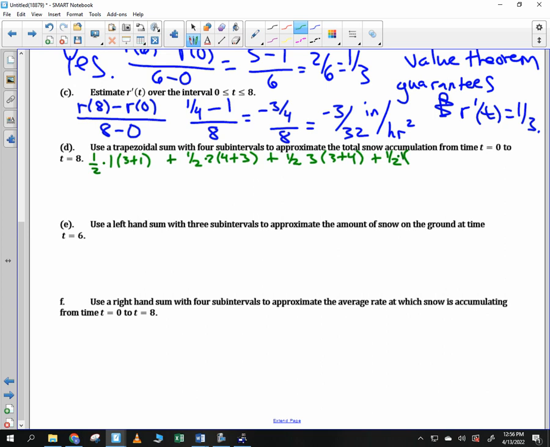Yeah. So why are we times it by 1/2? Because that's the formula for area of a trapezoid. Oh, wait, it was 2. I got it. It was 2, thank you, times 3 plus 1/4. Okay, so let's figure those out. 3 plus 1 is 4, times 1/2 is 2. 1/2 of 2 is 1, and I'll get 7. 3 plus 4 is 7, times 3 is 21, so 21 over 2.